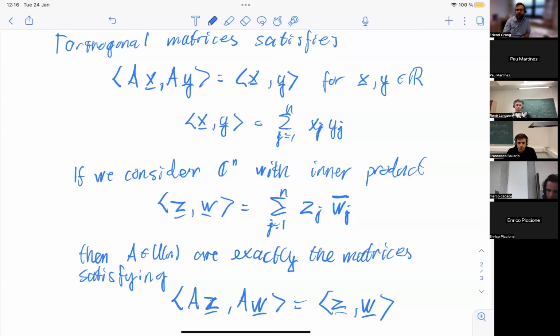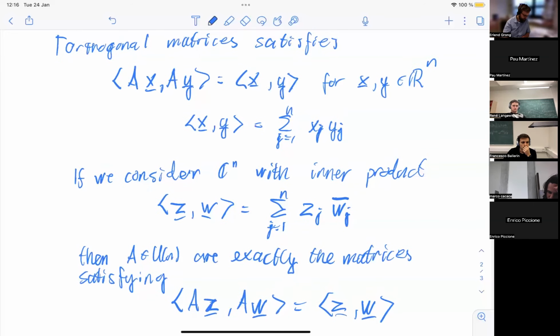So in this sense, the unitary matrices are like the analog of the real orthogonal group. If you consider Rn with the usual inner product, then the orthogonal matrices are exactly the ones that preserve this inner product. If you consider Cn with its normal inner product, then the unitary matrices are the ones that preserve this.